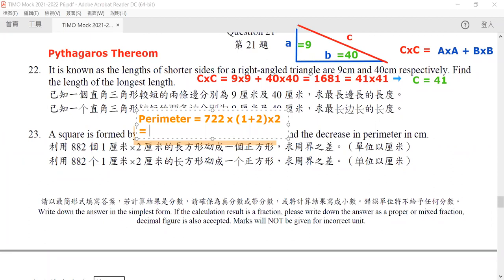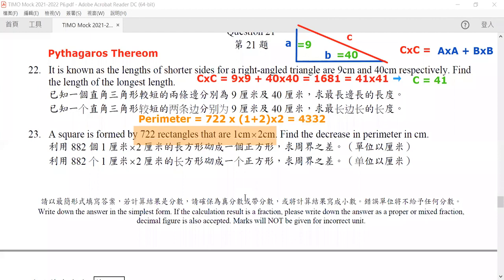Hence our answer is equal to 4332. Because each of these rectangles has a perimeter of this, we need to multiply by 722.